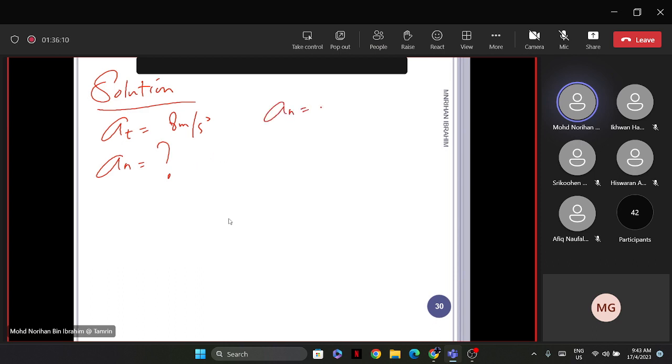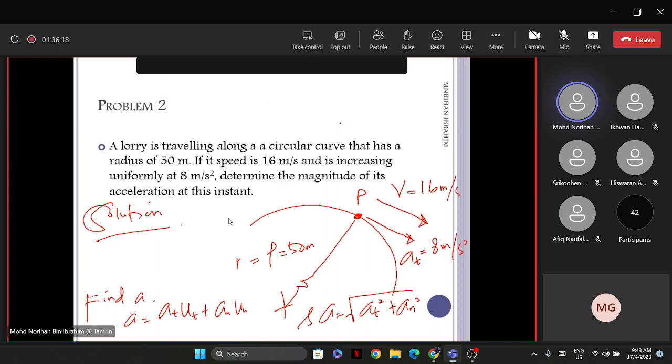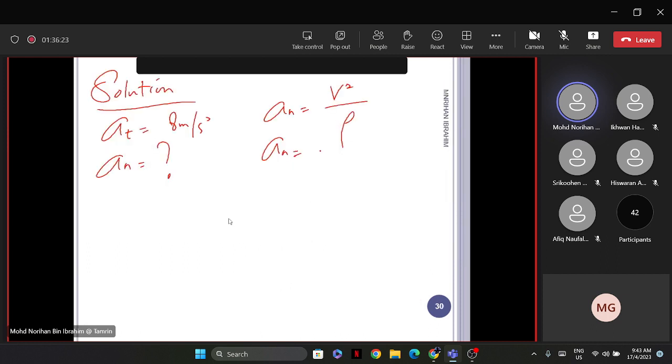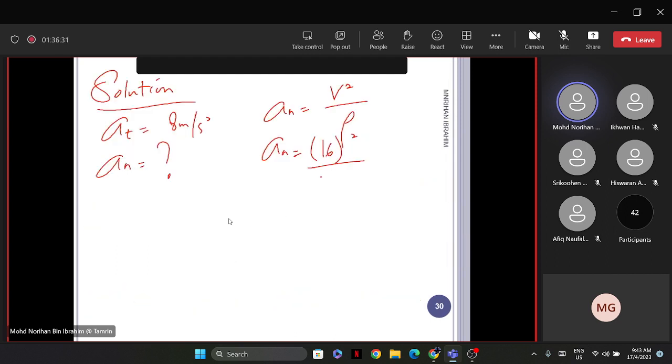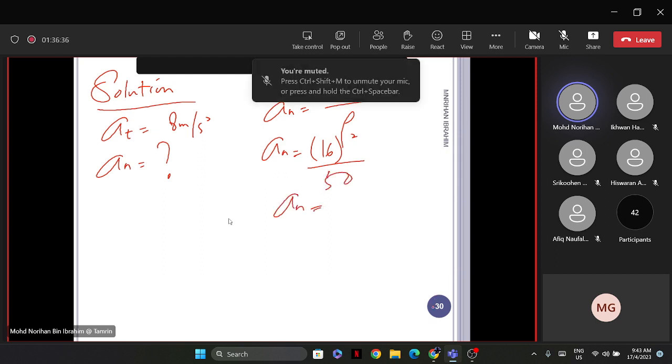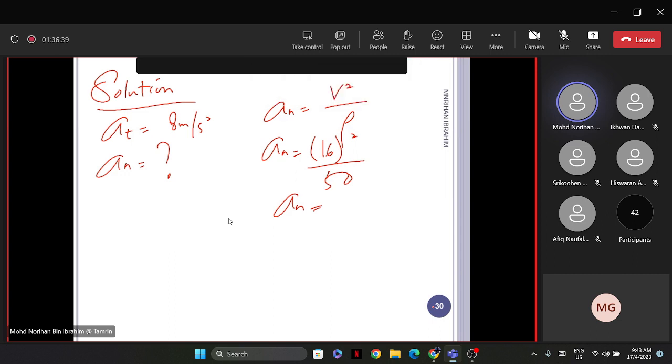You know that AN is equal to V squared divided by rho. V is 16 meters per second, so 16 squared divided by rho, which is R, 50 meters. And therefore you get AN, which if you calculate is 5.12 meters per second squared.